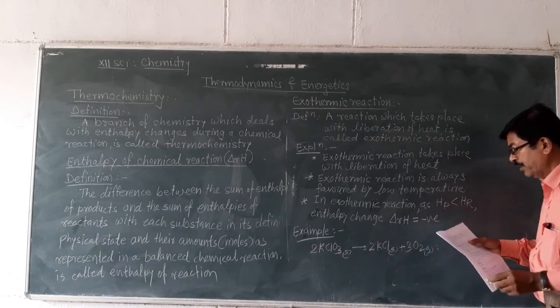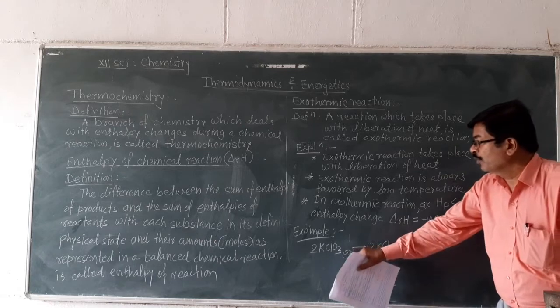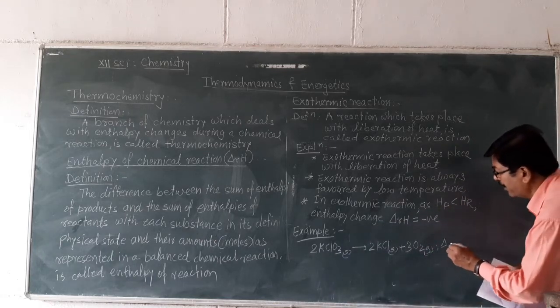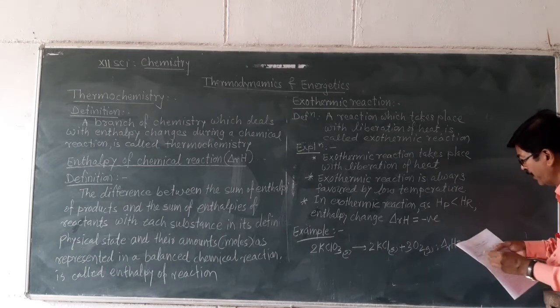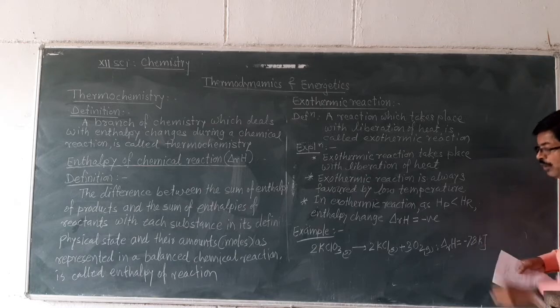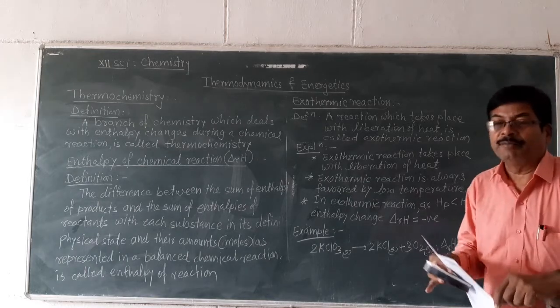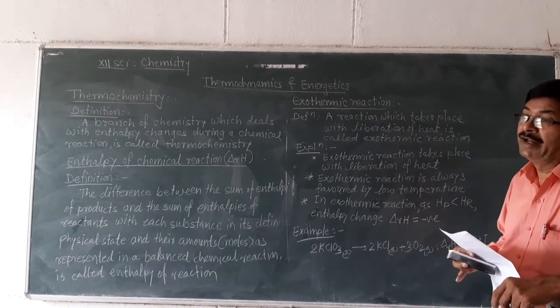This is one of the reactions, and here it is exothermic reaction, and therefore enthalpy change of this reaction is shown by negative sign, minus 78 kilojoules. This is an example of exothermic reaction.